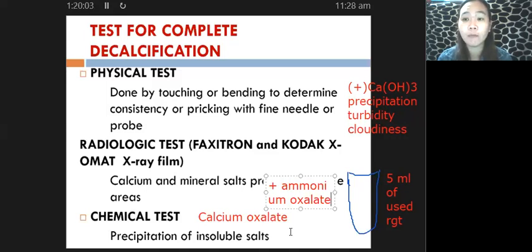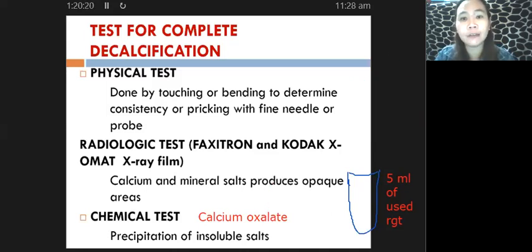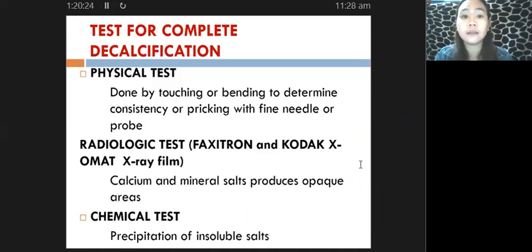That's the problem with your Perenyi's fluid. That's why a modification has to be done with the chemical testing in conjunction with the use of Perenyi's fluid. I hope you were able to understand how we perform the different tests for complete decalcification and the possible results.